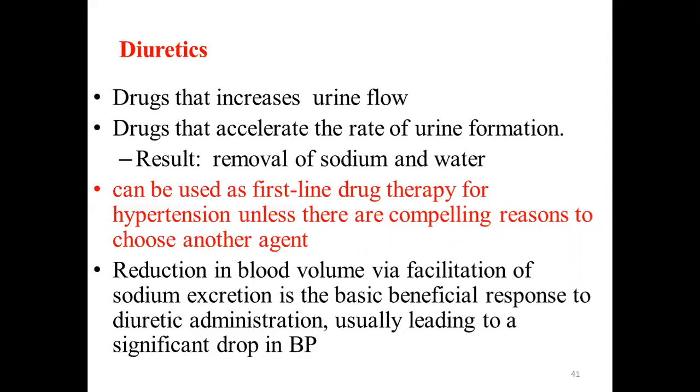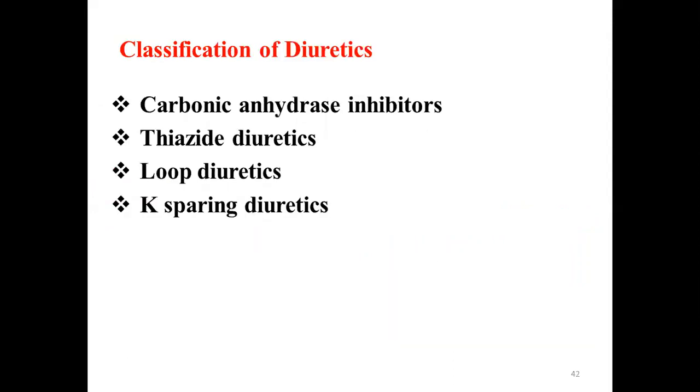Especially the thiazide type of diuretics are the first-line drug in the management of the majority of hypertension patients, unless there is any contraindication. Those are the classes of diuretics: the carbonic anhydrase inhibitors, the thiazide diuretics, loop diuretics, and even potassium-sparing diuretics. Are we together?